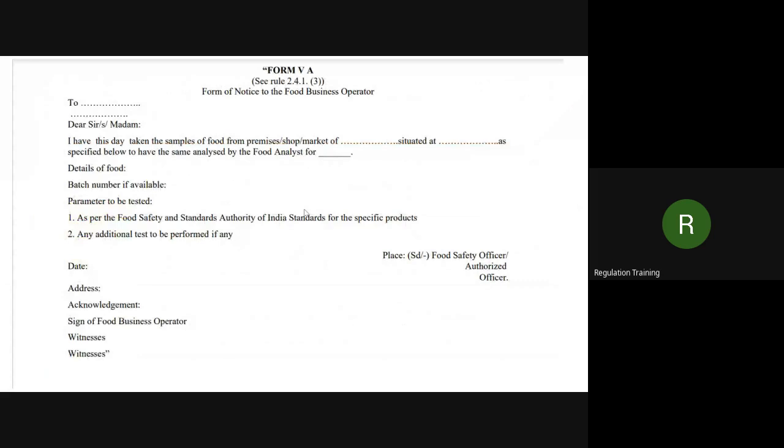So if someone has collected from my shop, they will write the shop number and the local area, as specified below, to have the same analyzed by the food analyst for the parameters.